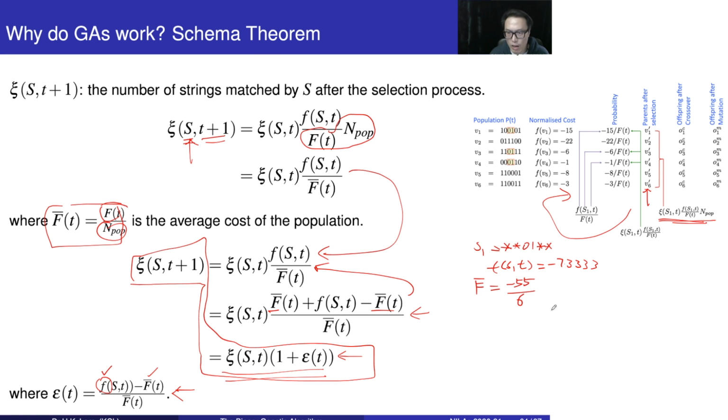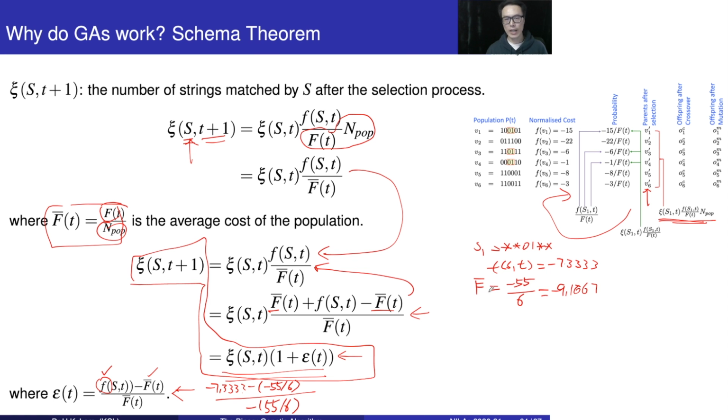So according to this equation, we will have minus 7.3333 minus 55 divided by 6, and then divided by minus 55 divided by 6. Now when we calculate this number, that is minus 9.1667. When you compare minus 7.3 with this minus 9.1, because we are doing minimization, the average cost in the population is better than the average cost of S1.